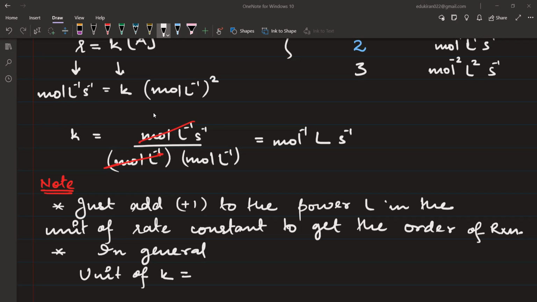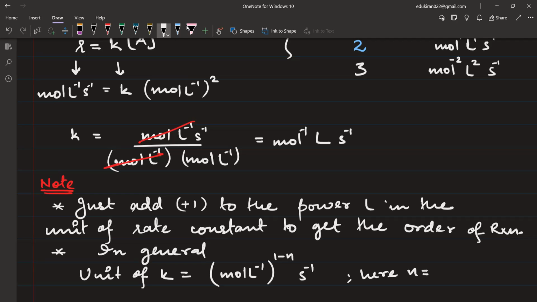unit of K is equal to moles per liter to the power 1 minus n, second inverse. Okay, to the power 1 minus n second inverse. And what is n here?